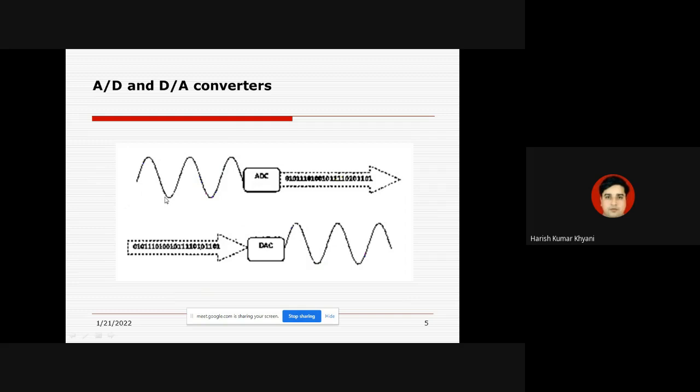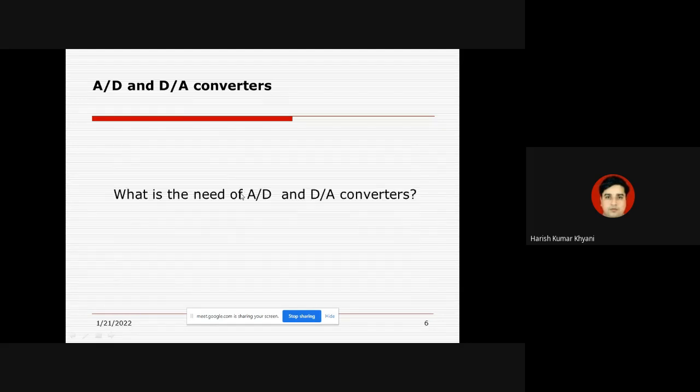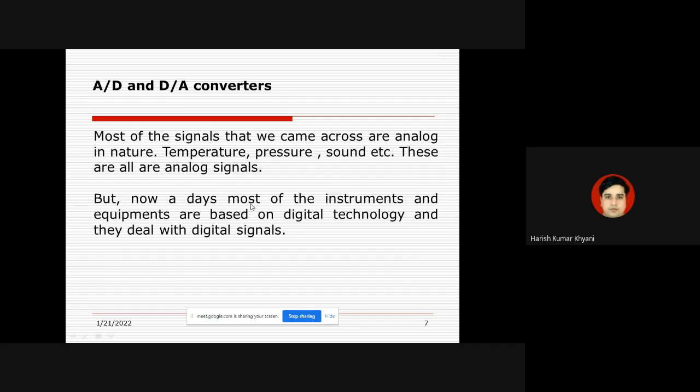So theoretically we can say that an analog signal has infinite resolution. The value may be different, so we are getting a number of values at different time spans. So in this conversion some information gets lost.